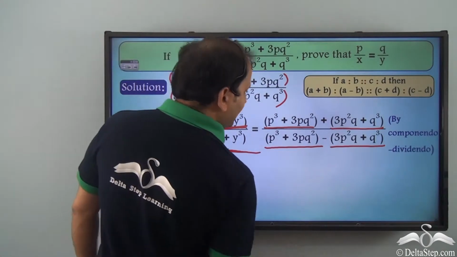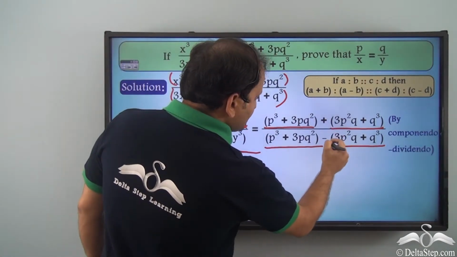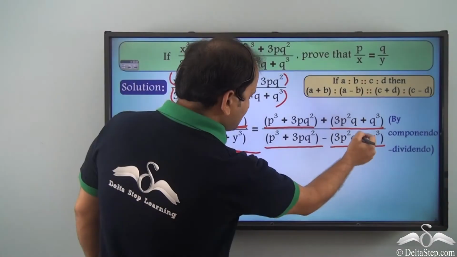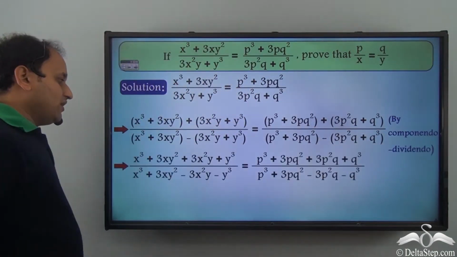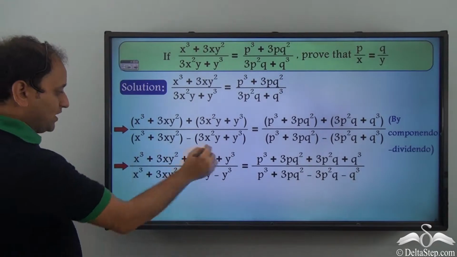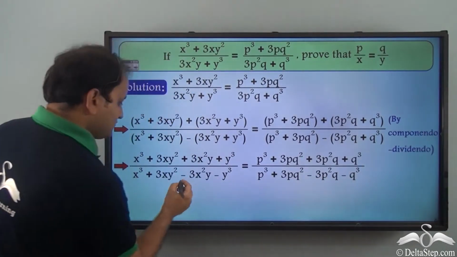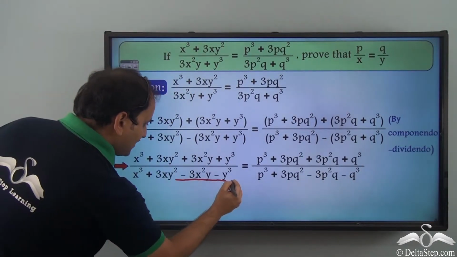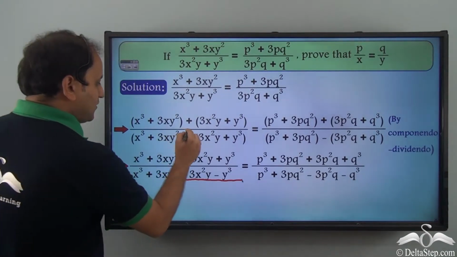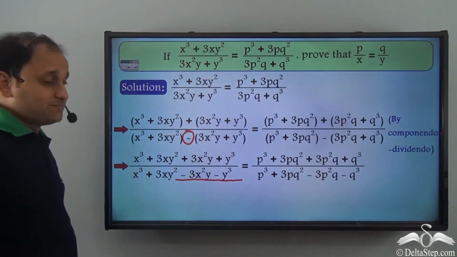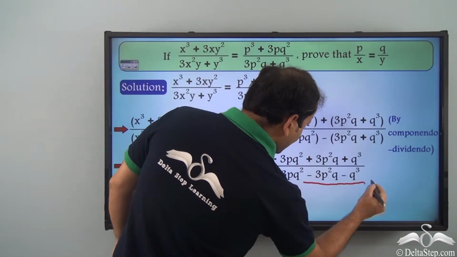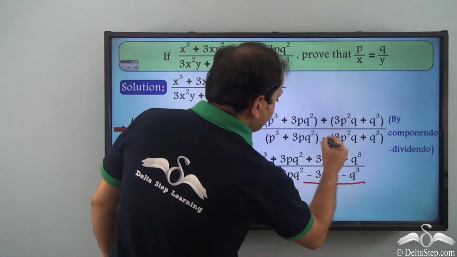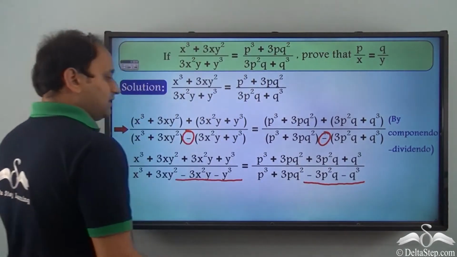But in the denominator, we have a minus symbol, so this will become minus 3p square q minus q cube. So if we remove the brackets, this is what we get. We have minus 3x square y minus y cube, because we had a minus symbol here. Similarly, we have minus 3p square q minus q cube, because we had a minus symbol here.